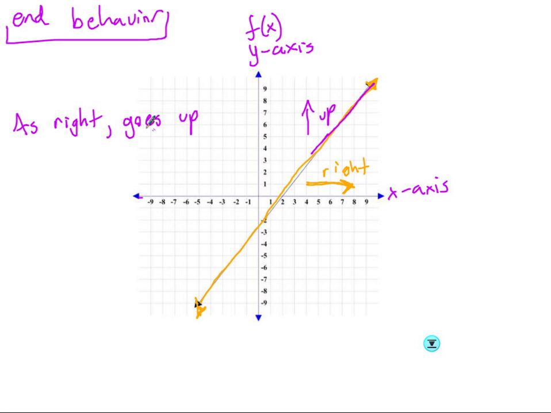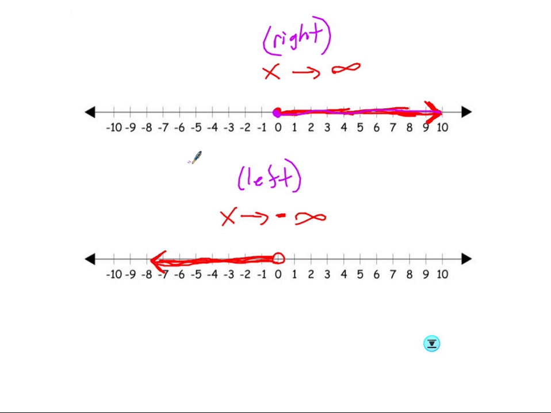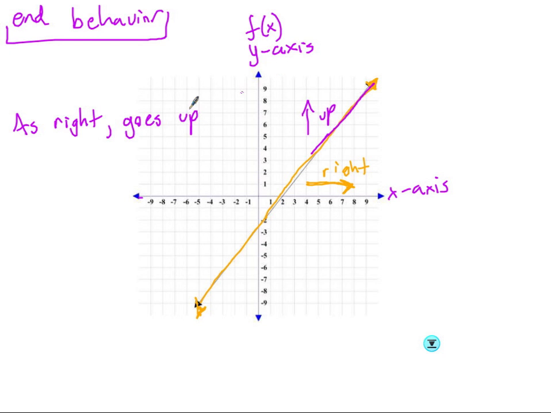This is a very simple way of getting the basic idea for end behavior, but we have to write it in mathematical notation. So remember, when we talk about right, we have to use this notation: as x goes to infinity.